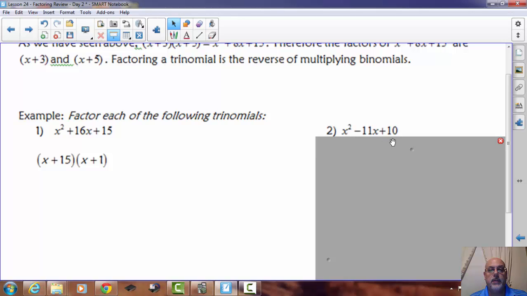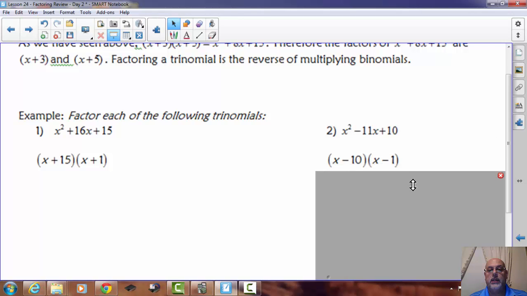So we're looking for two negative numbers that multiply to positive 10. Negative 2 times negative 5, negative 1 times negative 10. Only one set of those numbers will add up to negative 11, and it's the negative 1 and the negative 10. So the factors of x squared minus 11x plus 10 are x minus 10 and x minus 1.